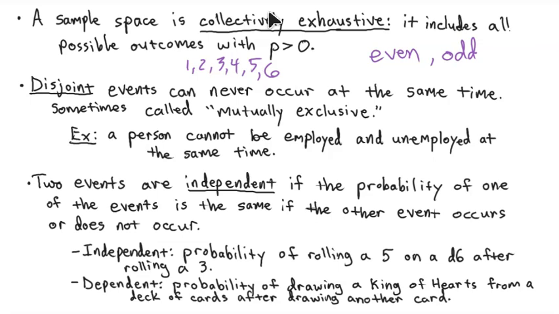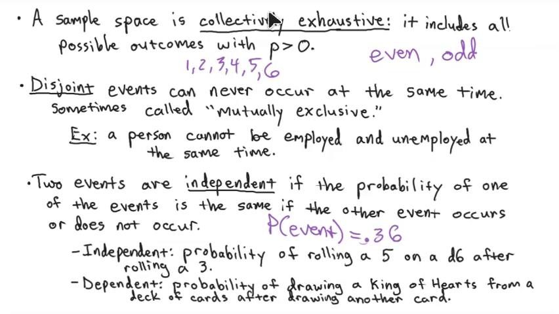So let's say the probability of an event is 0.36, okay? Look, this is greater than 0, but it's less than 1, and almost all probabilities are greater than 0 and less than 1, okay?